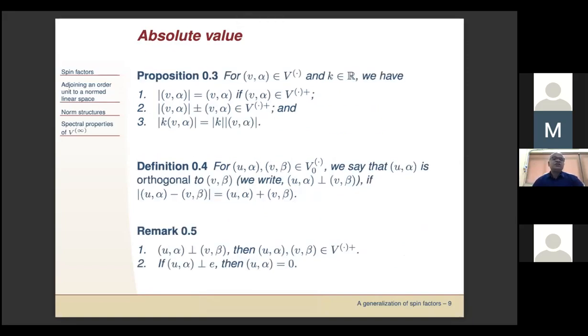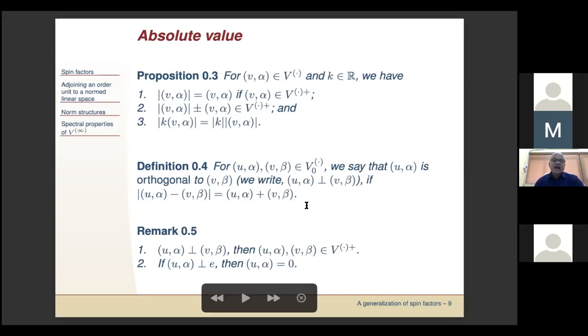We can notice three immediate properties that hold just from the definition of the modulus, namely the modulus of V is V itself if V is positive. Then the modulus of (V, alpha) plus or minus (V, alpha) is always positive. And if I multiply (V, alpha) with any real scalar k, then the modulus of k comes out of the modulus. These are three elementary properties. And these three properties now allow us to define something we call orthogonality.